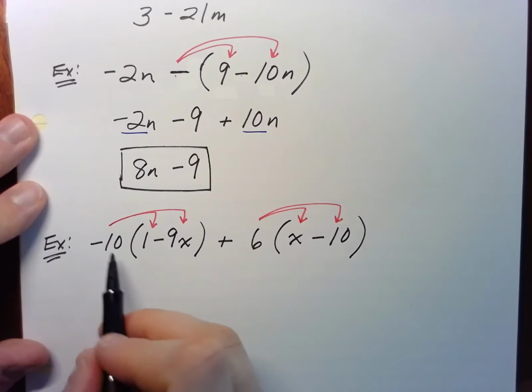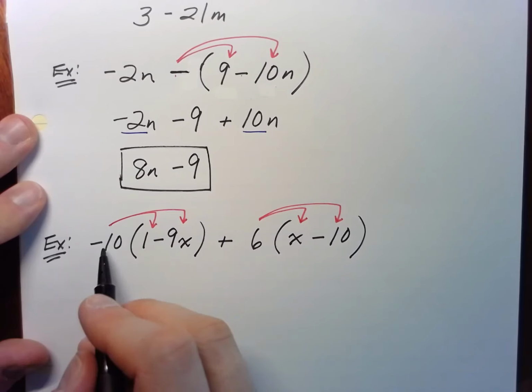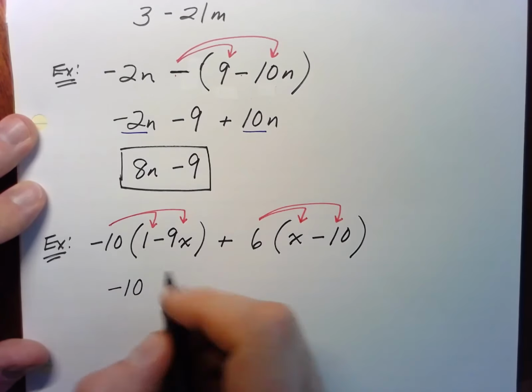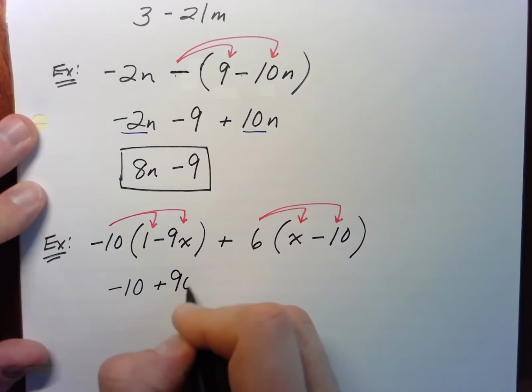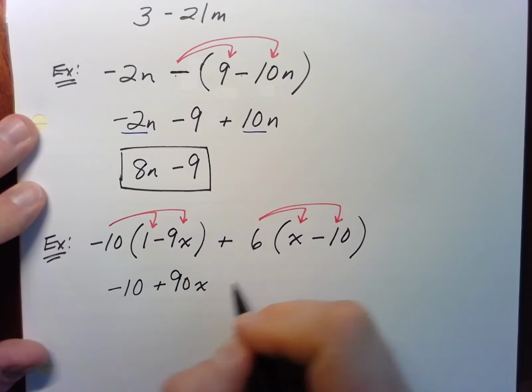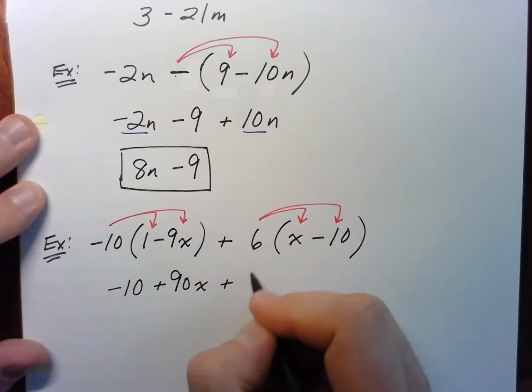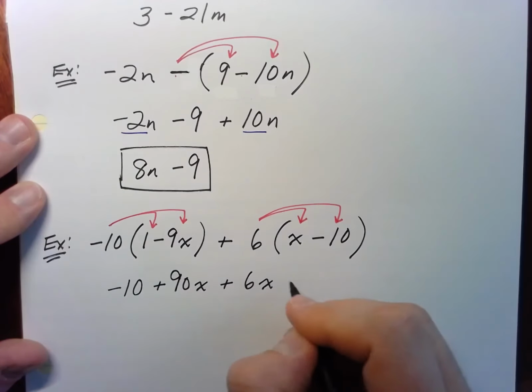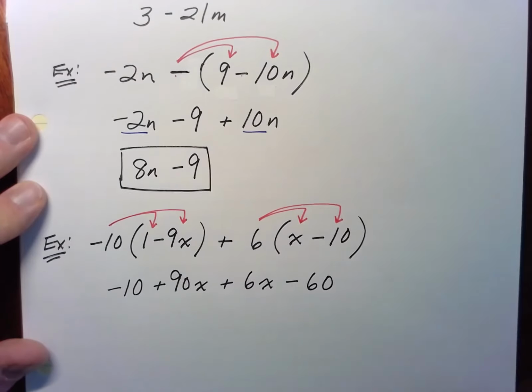So negative 10 times 1 is negative 10. Negative 10 times negative 9 is going to be a positive 90x. And here we're going to have 6 times x is a positive 6x. And 6 times minus 10 is minus 60.